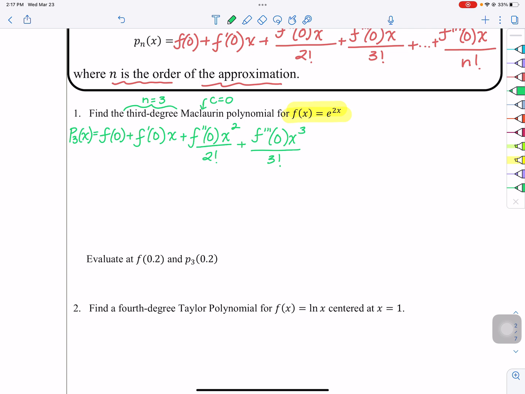So what do you see? Yes, we need 3 derivatives.